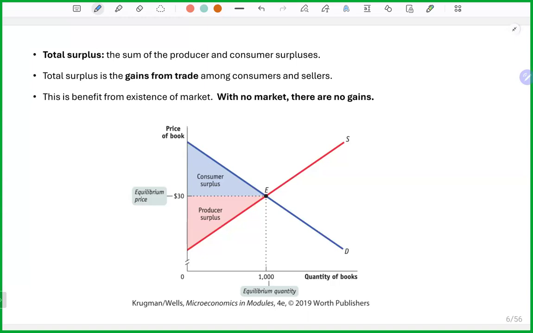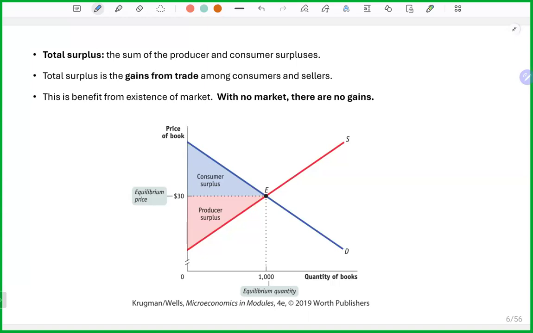If you prefer to buy the book, you buy the book. If you prefer to sell the book, you sell the book. It's your choice. Then it's a market equilibrium. When everyone pursues their own interest, you will reach this equilibrium situation, and at this situation, the total surplus is maximized.